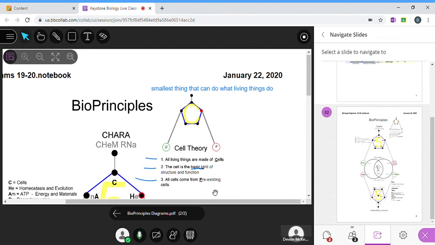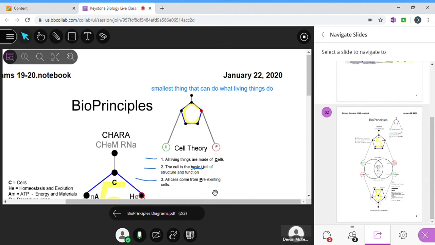Doesn't matter what type of cell you are, whether you're a simple prokaryote or a really complex multicellular eukaryote, all of your cells came from pre-existing cells, which is really interesting. What that means is you sitting there right now, you might be 2 or 3 or 4 trillion cells.